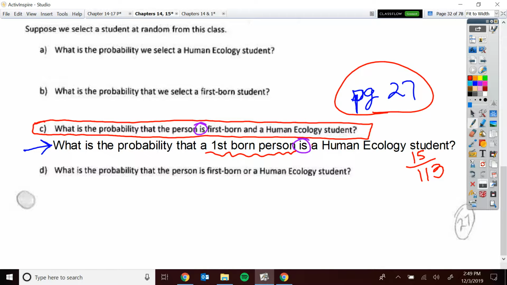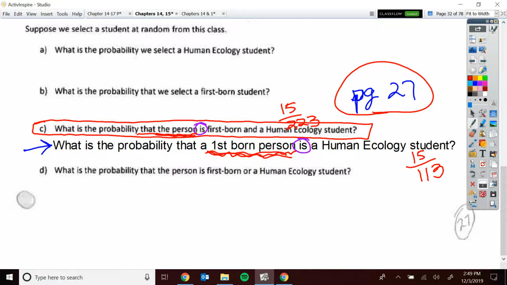So that's out of everybody. Very good. See what's in front of the verb? This group we are pulling from is all persons in this sample, as opposed to the firstborn person. So in this one here, it was 15 out of 223. Very subtle wording, but the denominator, what you're pulling from, was different.